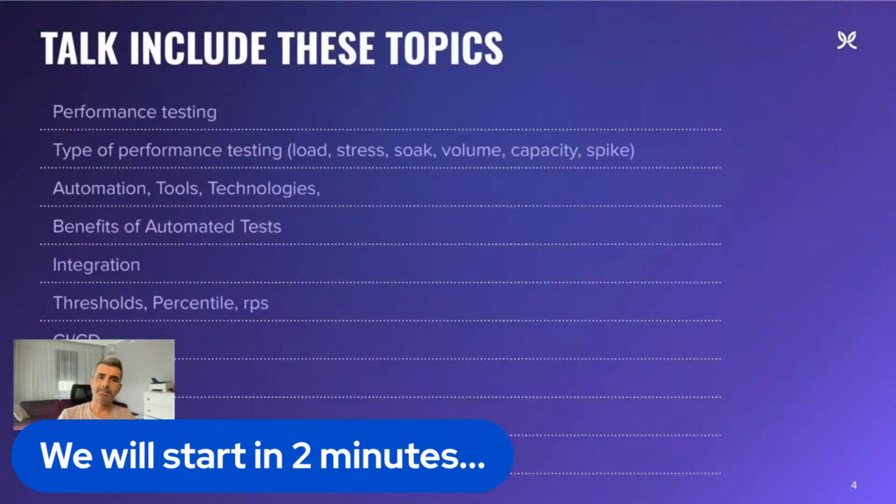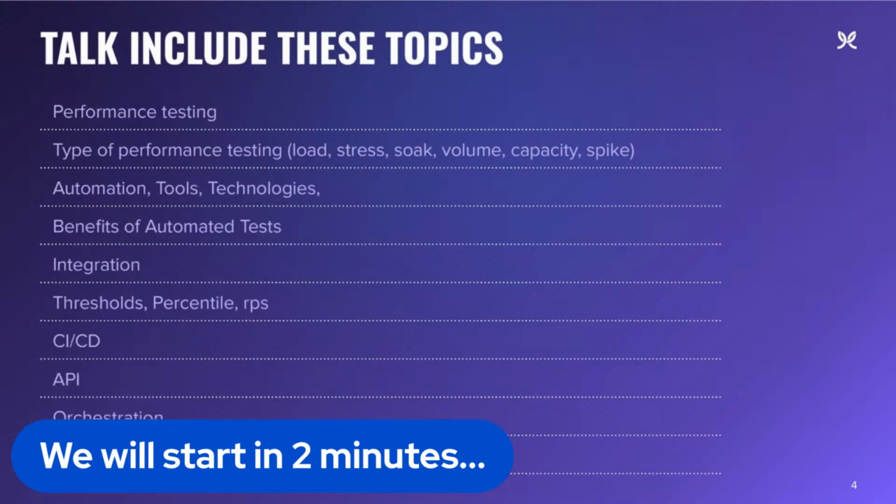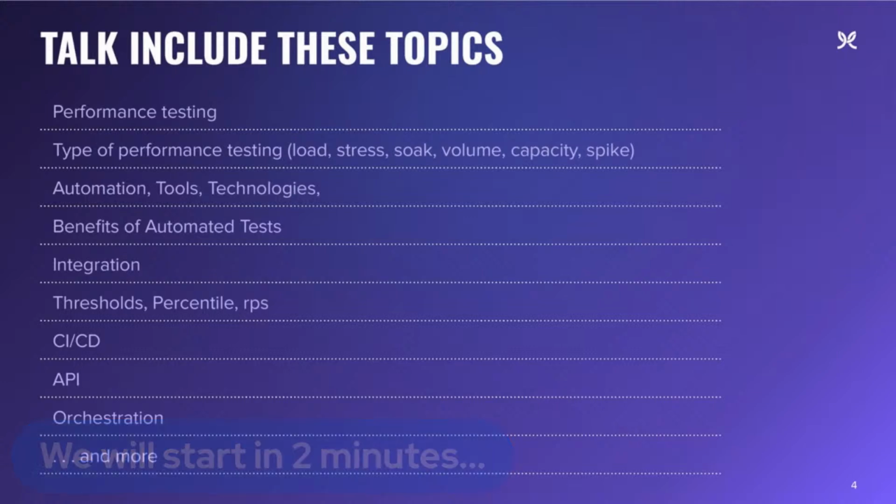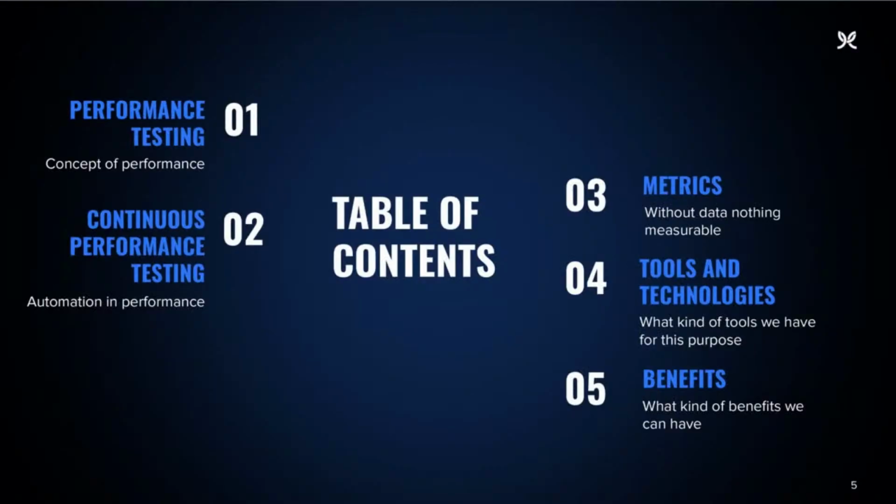So basically, in this talk, I'll mostly cover the topic around performance testing and also different types of performance testing and how we can apply the performance testing for different types of performance testing. And the last section will be more about the benefits of the performance testing.